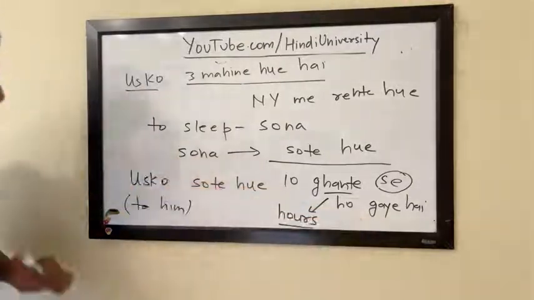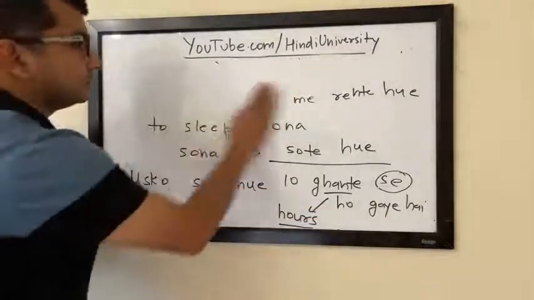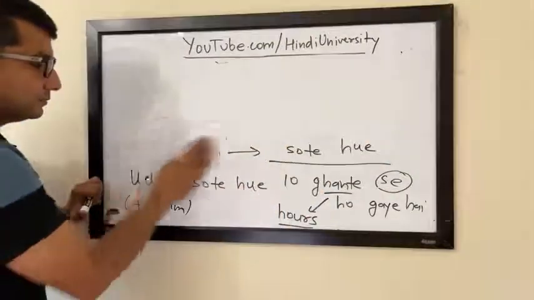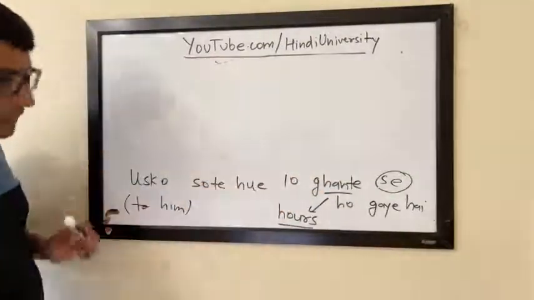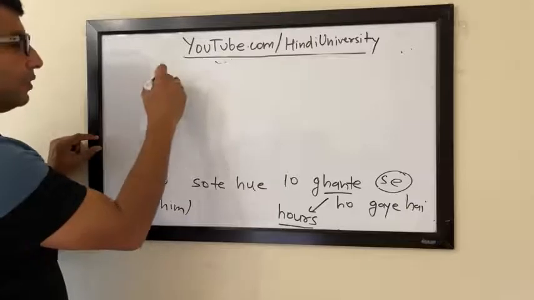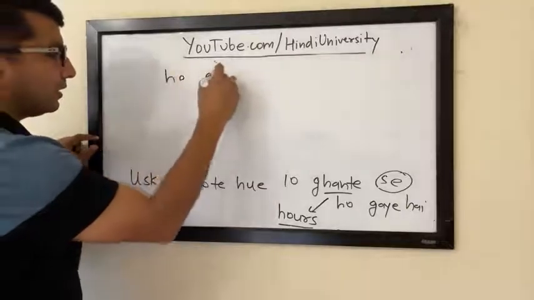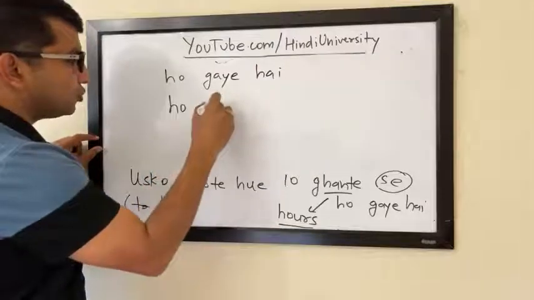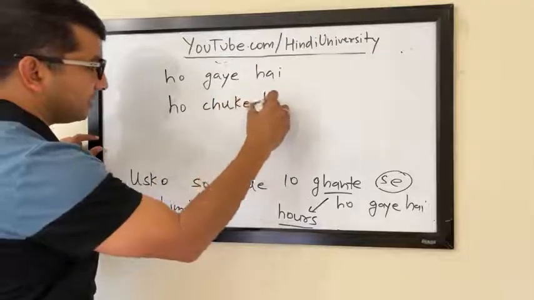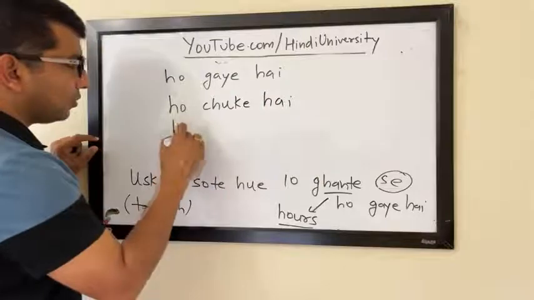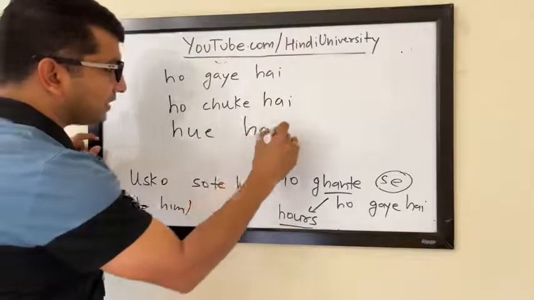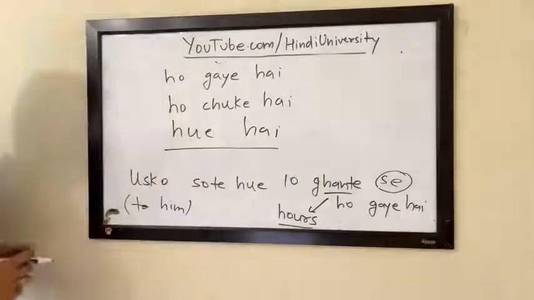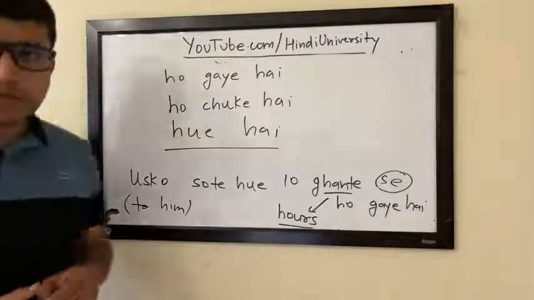Let me write it down. You can say हो गए हैं, हो चुके हैं और हुए हैं. All of these are appropriate.